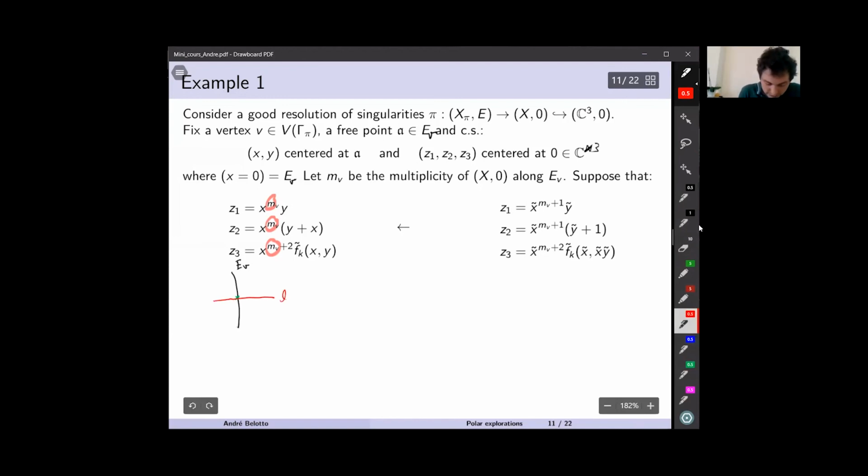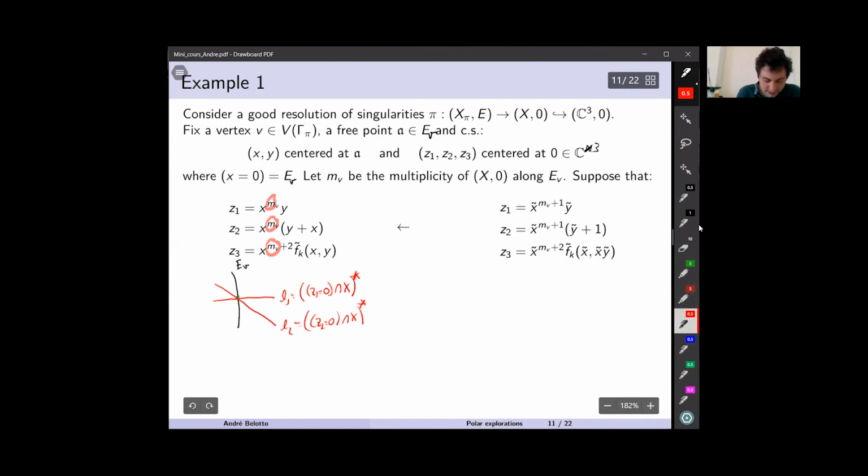Let's say L1. This is just Z1 equals 0 intersect X star. And the other one here is, for example, Z2, which becomes Y plus X. Z2 equals 0 intersect X star.